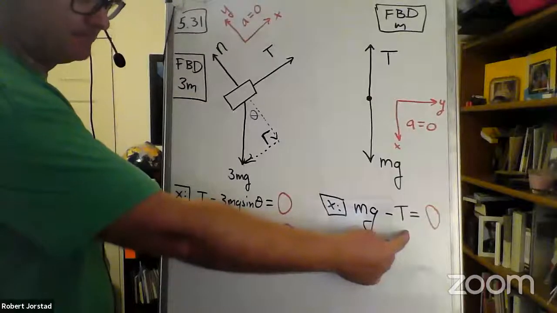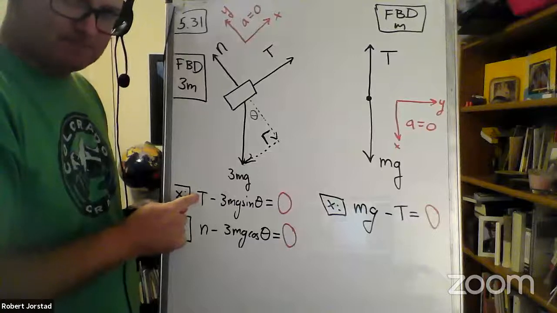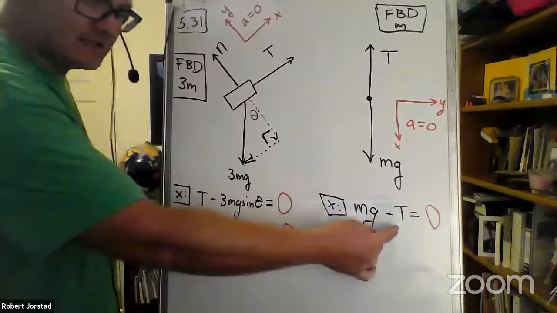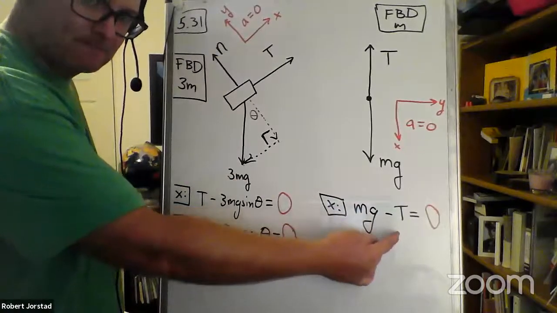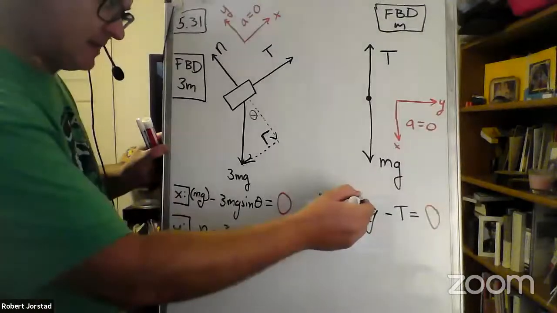Well, on the FBD for M, we could solve for T. Okay, and then what? Use that to plug in T for the FBD of 3M for the x equation. What would drop out after you do that? So do you agree that T would equal mg? Yeah. So when I plug that in, look over here. If I plug this in from the other equation, mg, that's coming from right here.